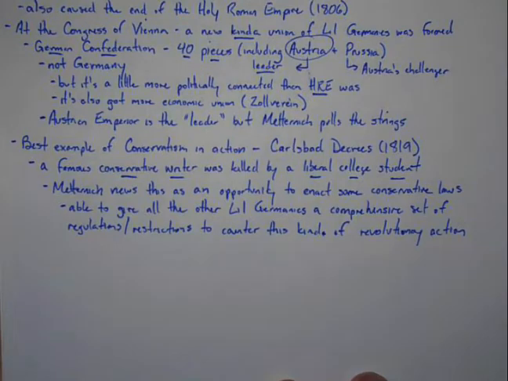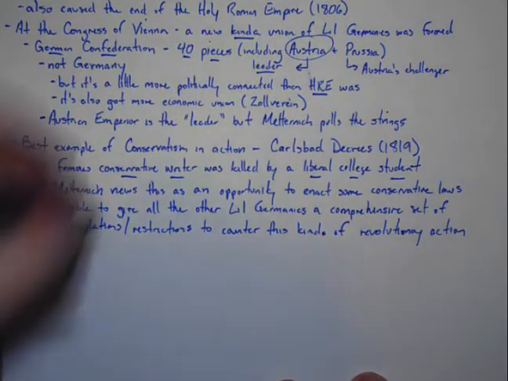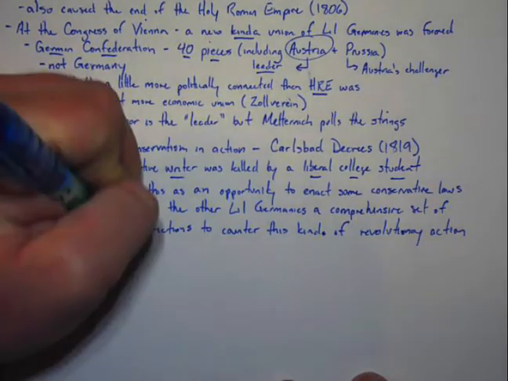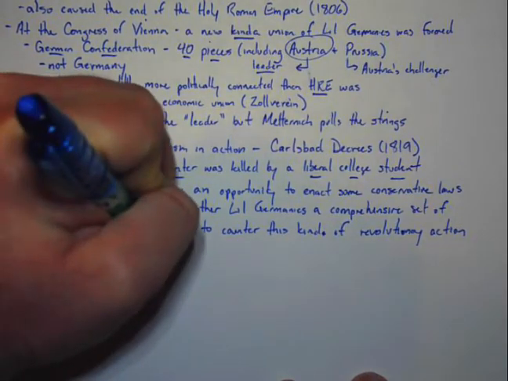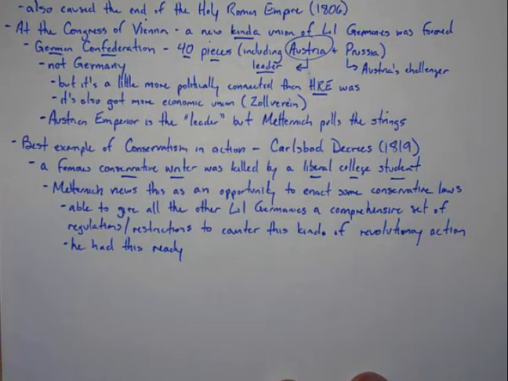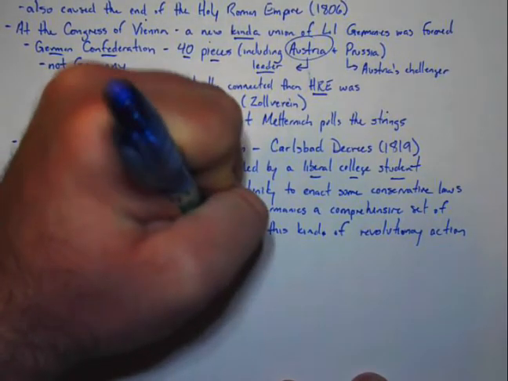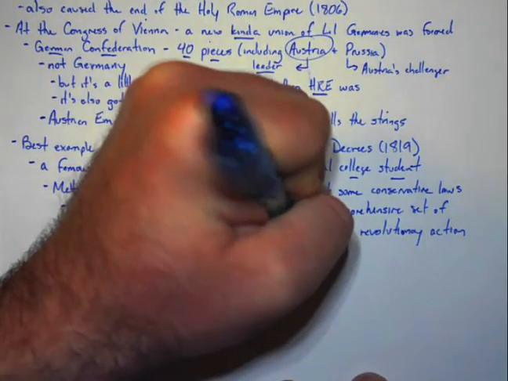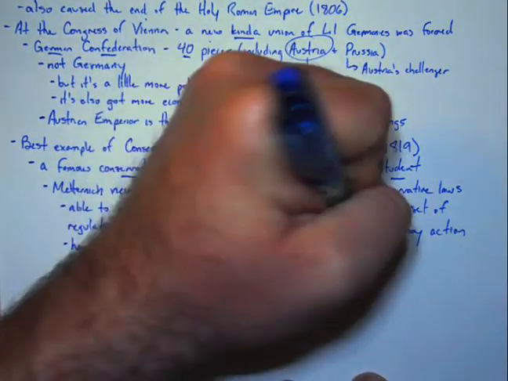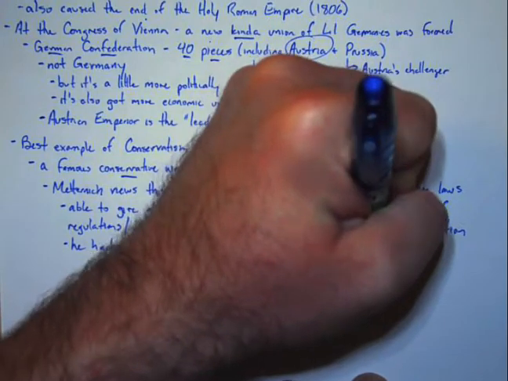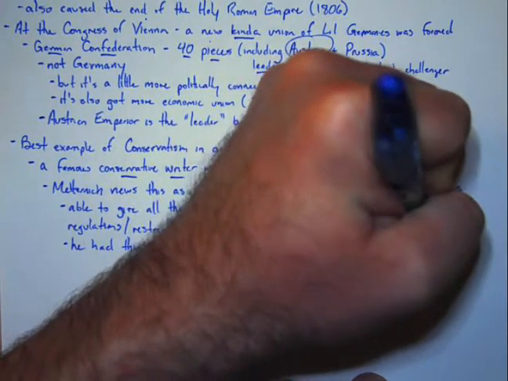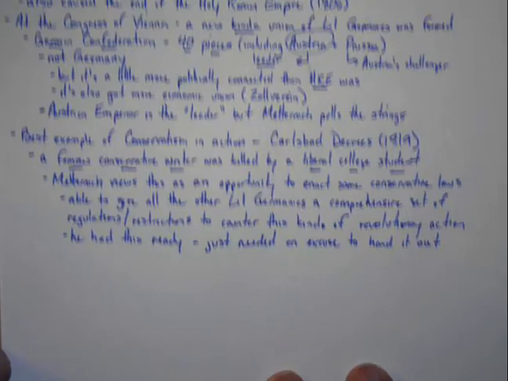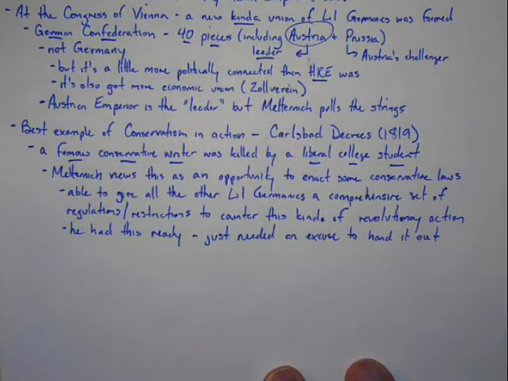And Metternich had this ready to go. He had this ready. He just needed an excuse to hand it out. And the death of this famous conservative writer was just the excuse he needed.